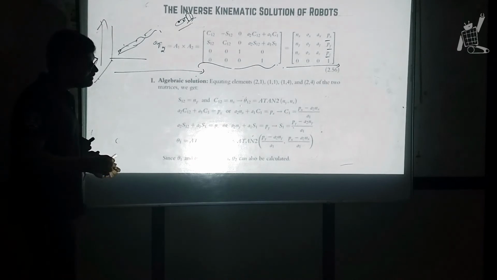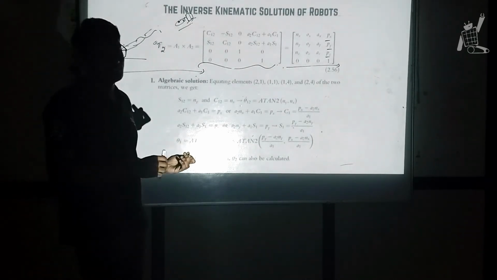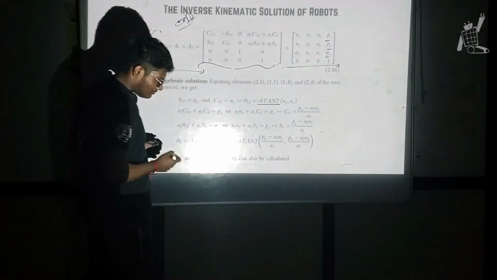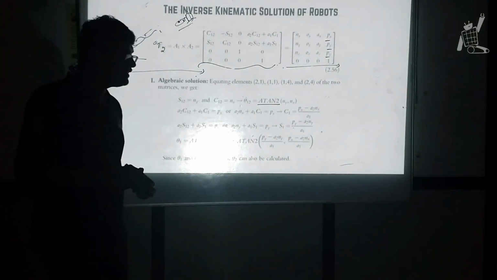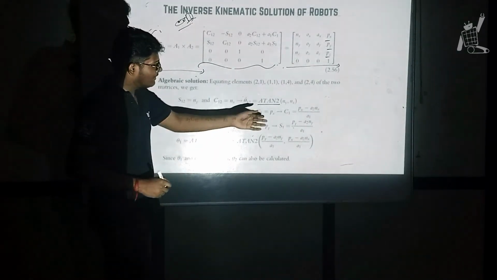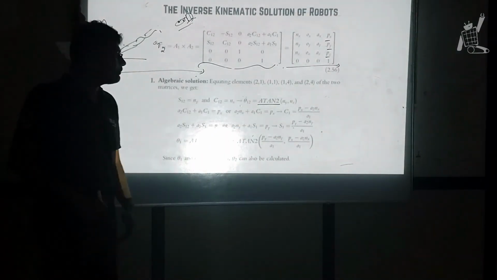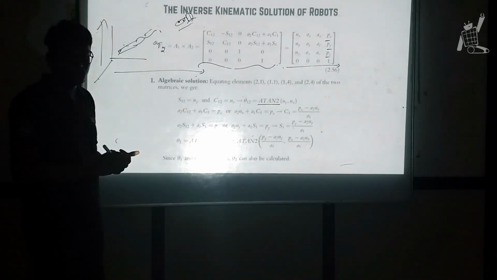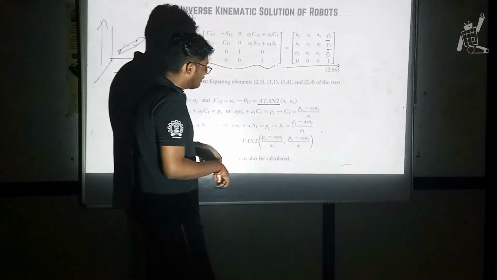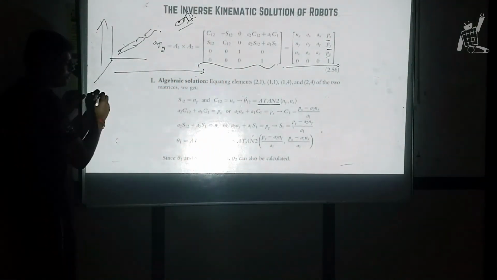For doing that, simply equating, you won't get the answers. You have to use a function called atan2. The atan2 function is the same as tan inverse, but more of a programmatic manner. In programs, we use atan2. So I am just explaining that function.